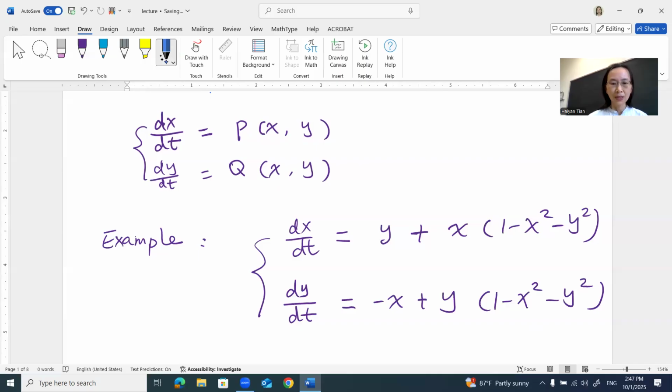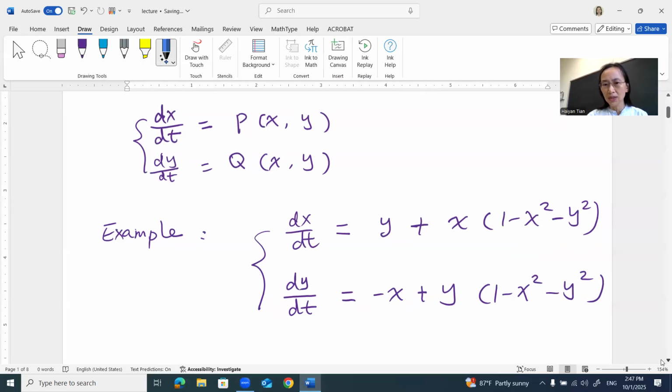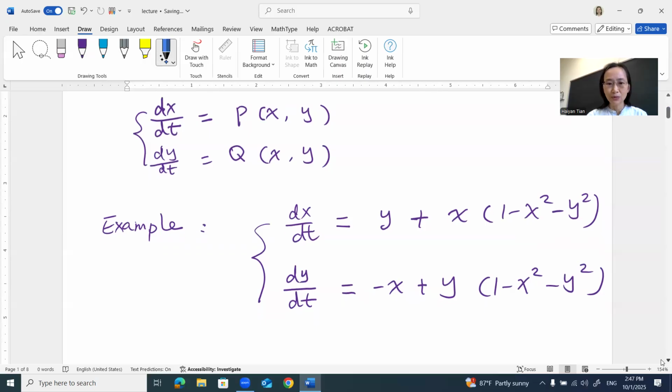For this particular system, we notice it is an autonomous and nonlinear example. And we also notice that if we use a polar coordinate system, possibly we can reduce the system.